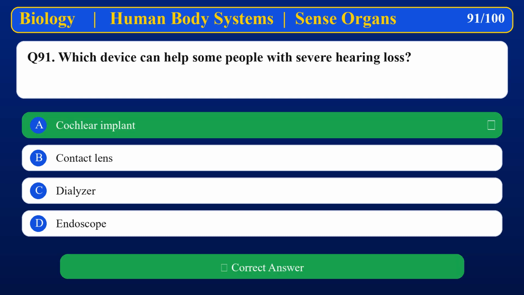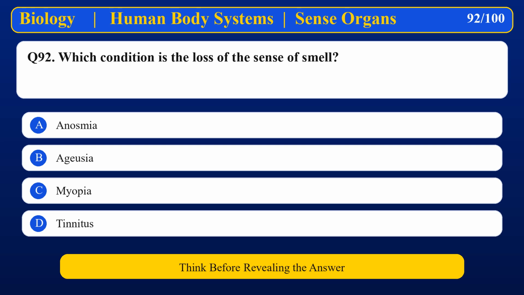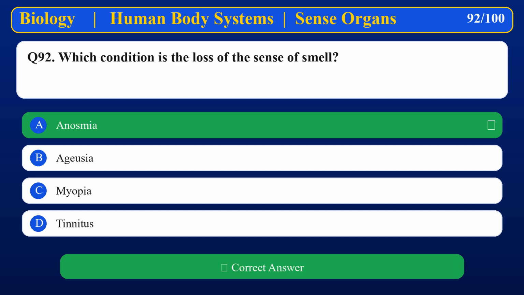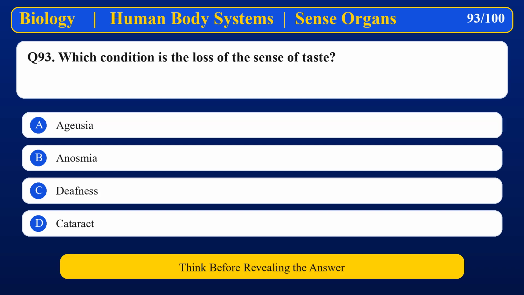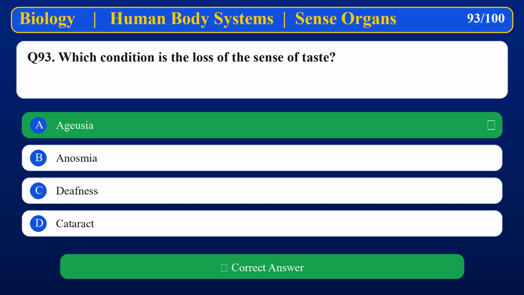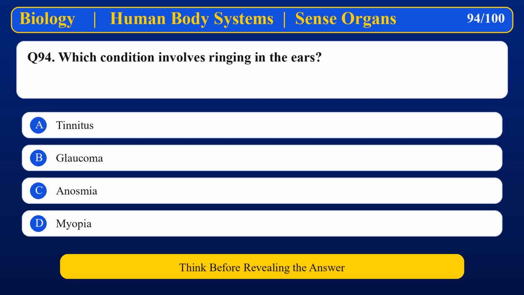Cochlear implant. Which condition is the loss of the sense of smell? Anosmia. Which condition is the loss of the sense of taste? Ageusia. Which condition involves ringing in the ears?